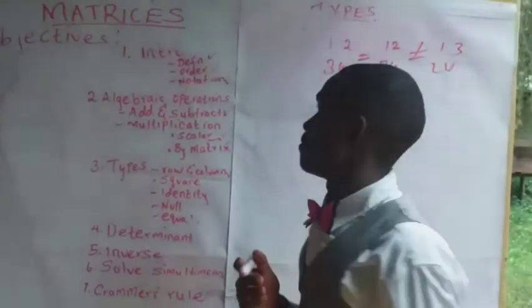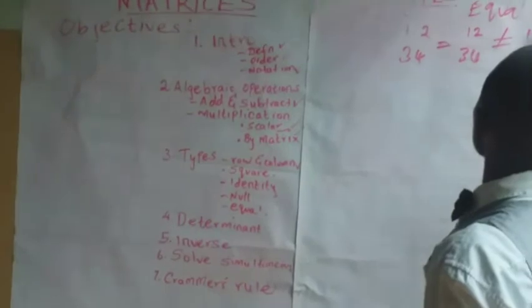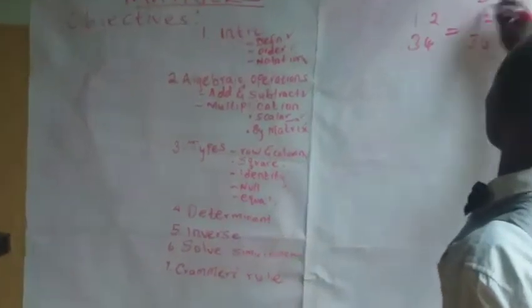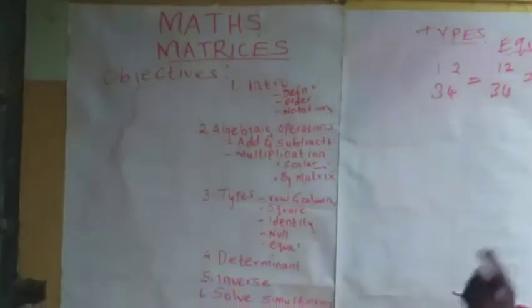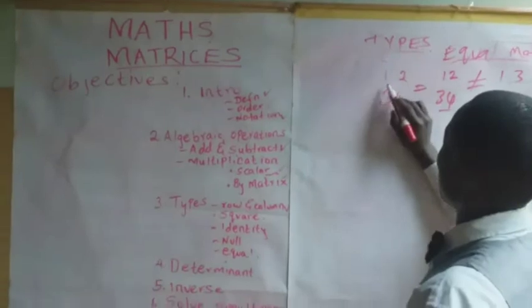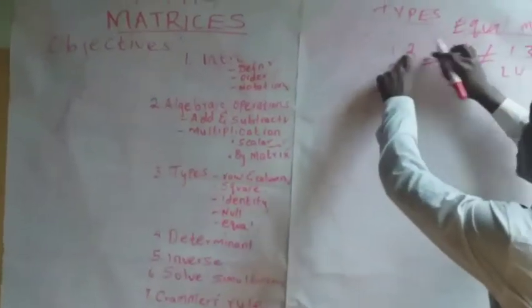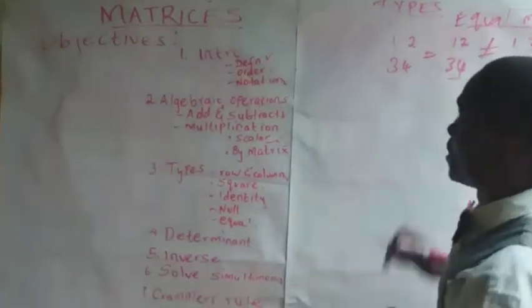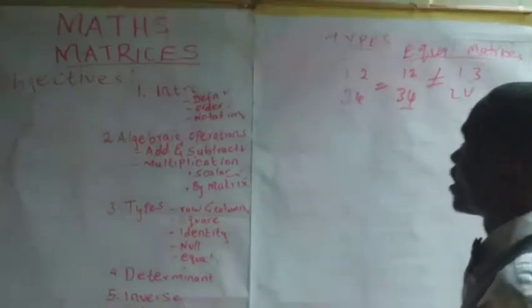So if you ever think of equal matrices, think of two matrices that have each element equal to the corresponding element in the other matrix. Element A is equal to element A in the second matrix, element B is equal to element B in the other matrix.